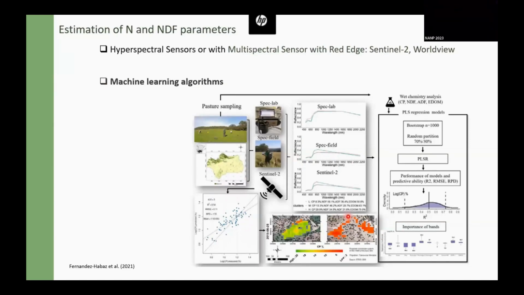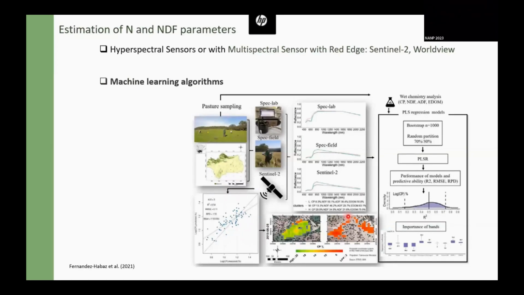the field area. Because the hyperspectral sensors can capture the wavelength in 100 wavelengths, it's more sensitive, based on laboratory high spectral sensors.